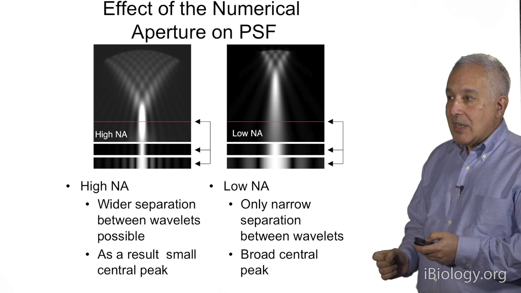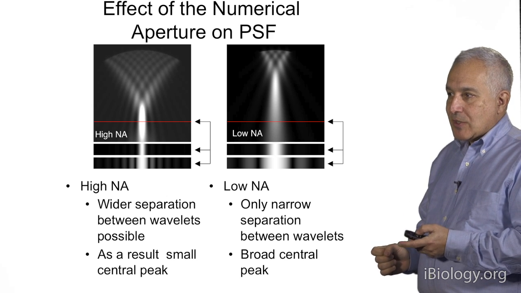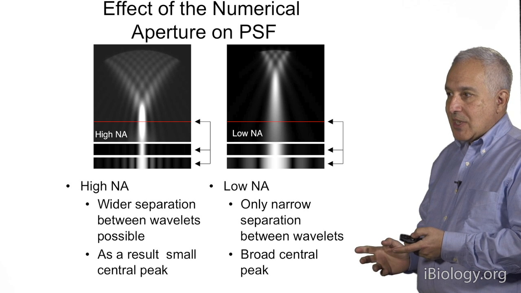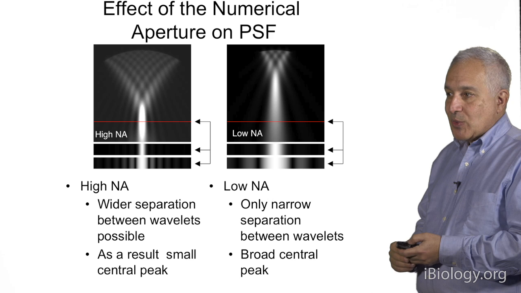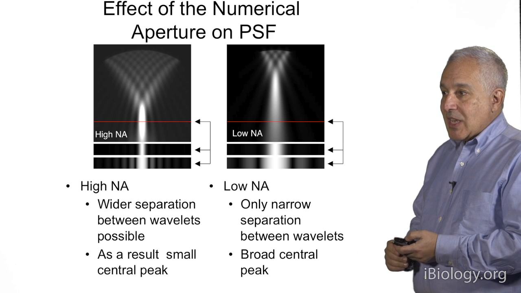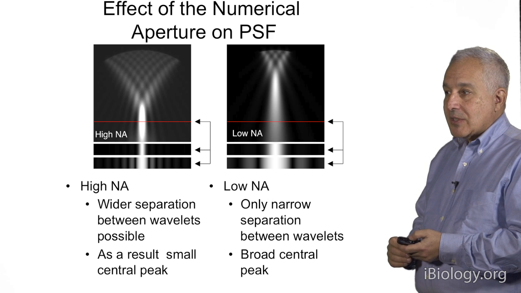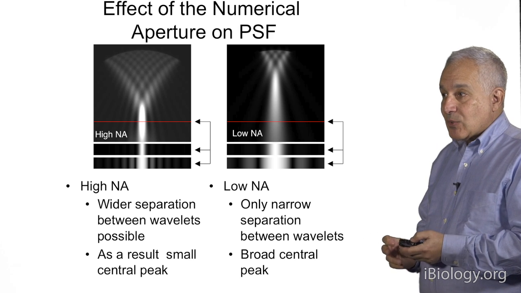So if we compare the effect of numerical aperture on the point spread function with high numerical aperture compared to low numerical aperture, you see a profound difference. With high numerical aperture, there's a wider separation between wavelets, which is possible because they're far apart. As a result, there's a small central peak, whereas with low numerical aperture lenses, only a narrow separation between the wavelets is possible, and so you have a broad central peak and less resolution.